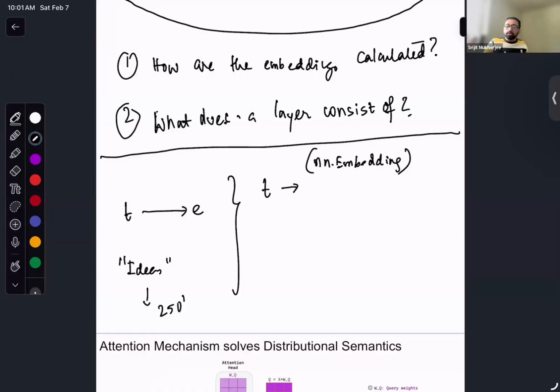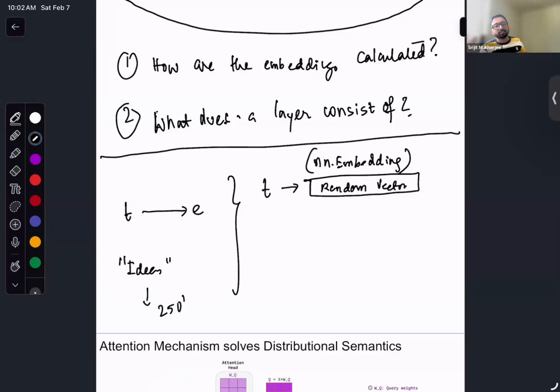So it goes to the 250th index, and there's a lookup table. Essentially it's a random vector. You take the random vector in that 250th position and assign it to this token. And this is assigned for every token.